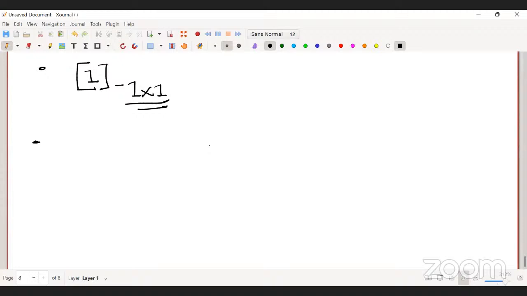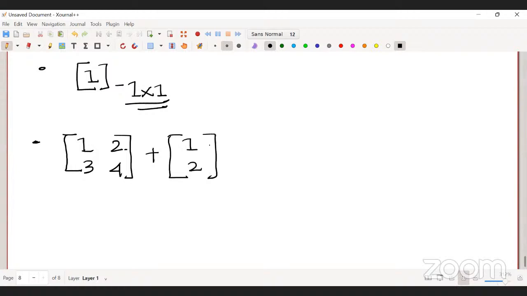Okay, if two matrices are of different order, then certainly you cannot add these two matrices. For example, addition of these two matrices has no meaning.